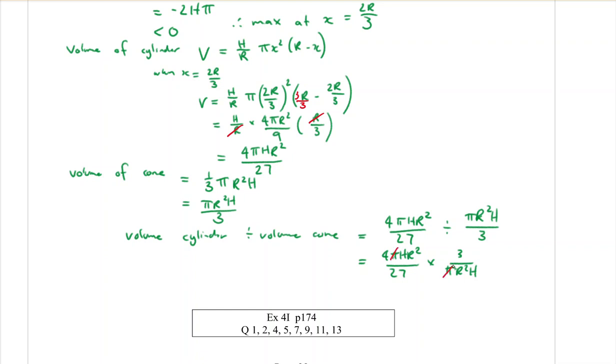Pi on the top, pi on the bottom, h on the top, h on the bottom, r squared on the top, r squared on the bottom. All that is left is numbers, and even the 27, we can divide that by 3 and get the 9, and that 3 cancels off. And there is the magical 4/9.